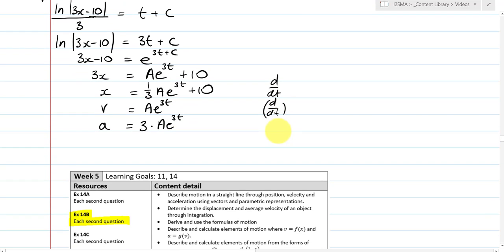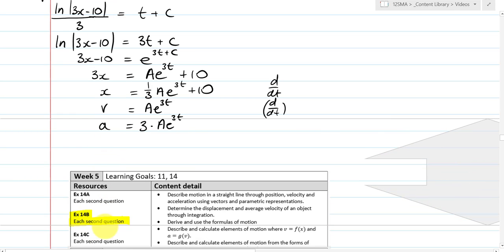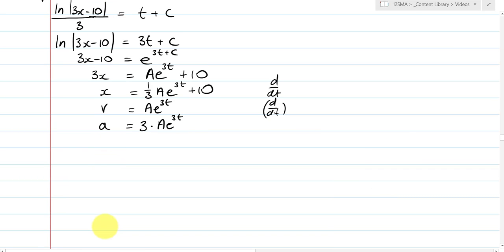But of course I wanted the acceleration as a function of x. So I need to think to myself, well, what does a e to the 3t equal? It's equal to 3x minus 10. So therefore acceleration is equal to 3 times (3x minus 10), or 9x minus 30.